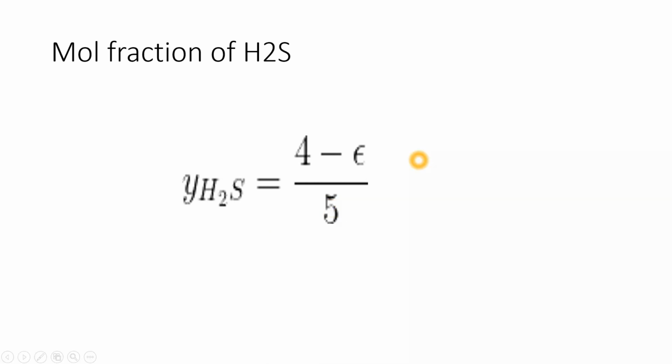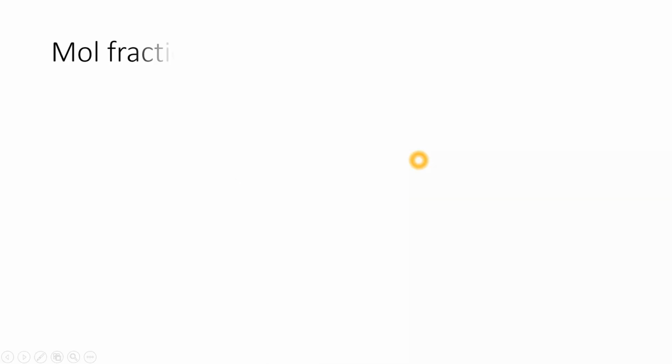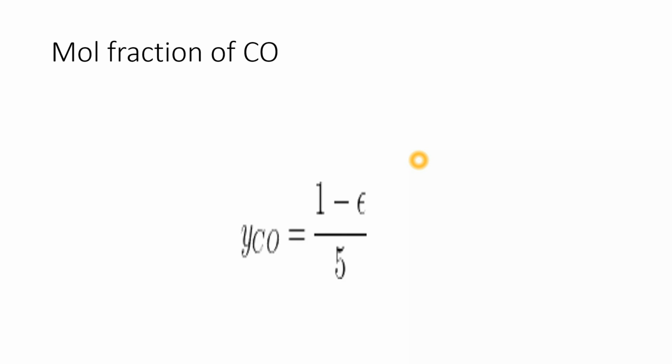Next, mole fraction of CO. Similarly 1, because it is on the reactant side, so I will get a minus sign, 1 minus epsilon upon 5. Okay, the denominator will be the same for all the components. Next, mole fraction of COS. Now it is a product side, right?